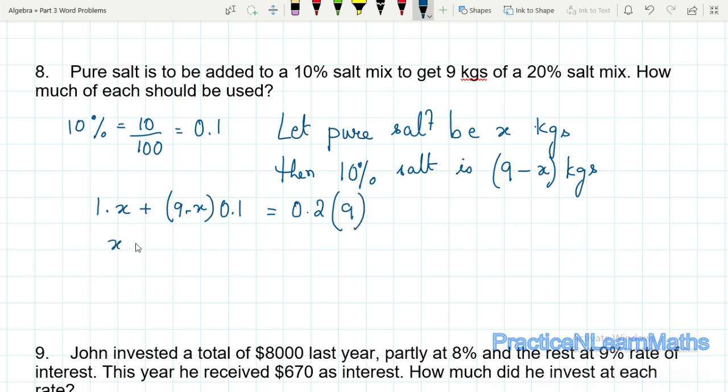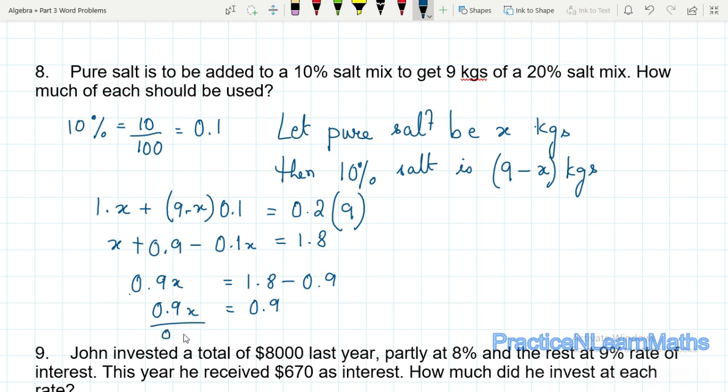So x plus 0.9 minus 0.1x is equal to 1.8. 0.9x is equal to 1.8 minus 0.9, so 0.9x is equal to 0.9.